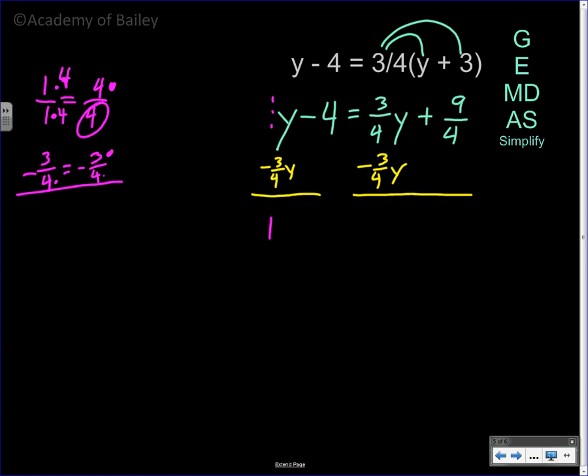And then the bottom number stays the same. So 1y minus 3/4 y is 1/4 y. Drop everything else down. These ones canceled.